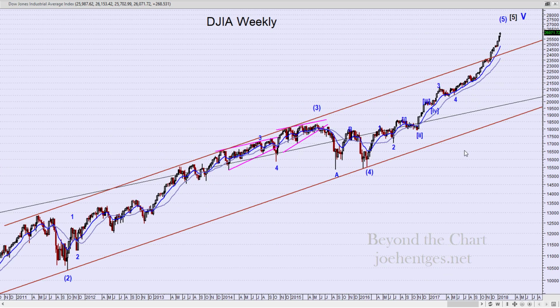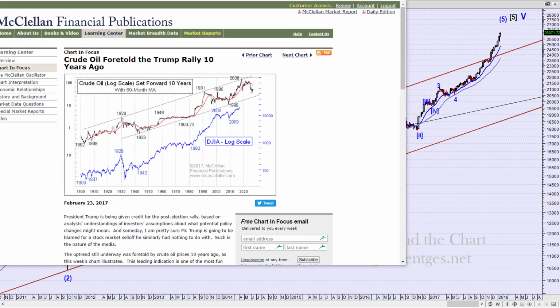That's where we're at. And then the last thing I wanted to talk about was Tom McClellan's interesting article of February last year about crude oil. In this article, he talked about something they had found and have followed for a while.